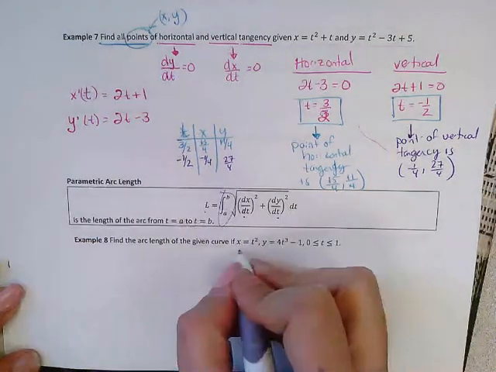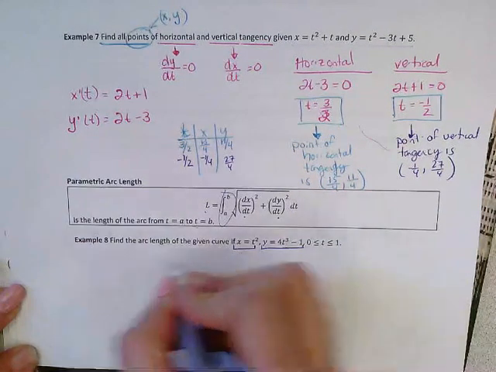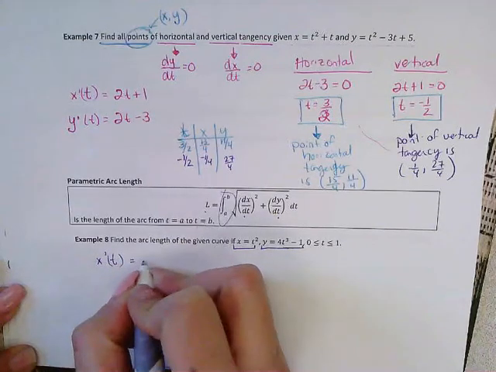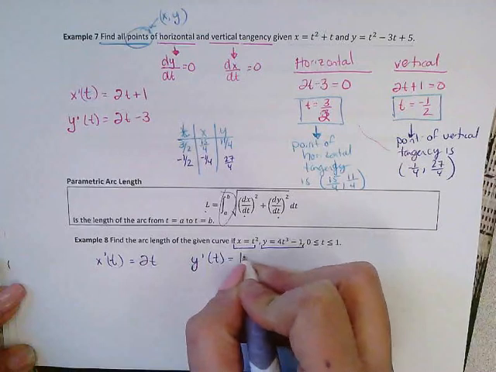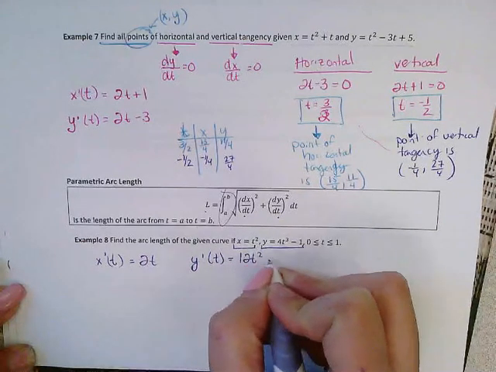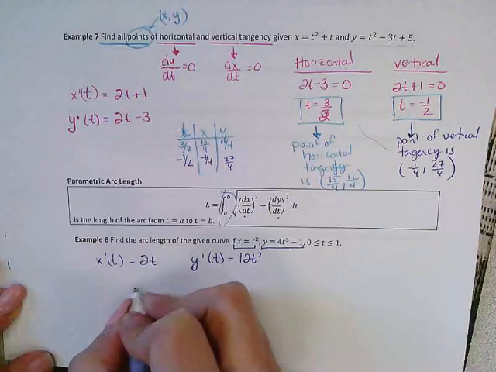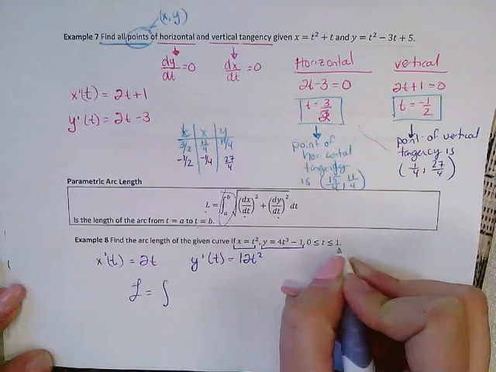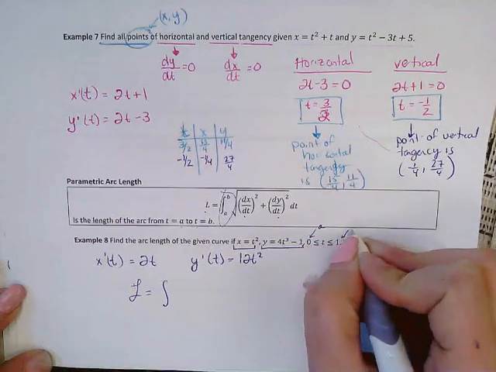So just like before, we have to find the derivative. The only difference is that we have to find the derivative of two functions here. So x prime of t is 2t, y prime of t is 12t squared. And you plug it into this equation, and what is our parameter? It's from 0. So that's your a, and that's your b.